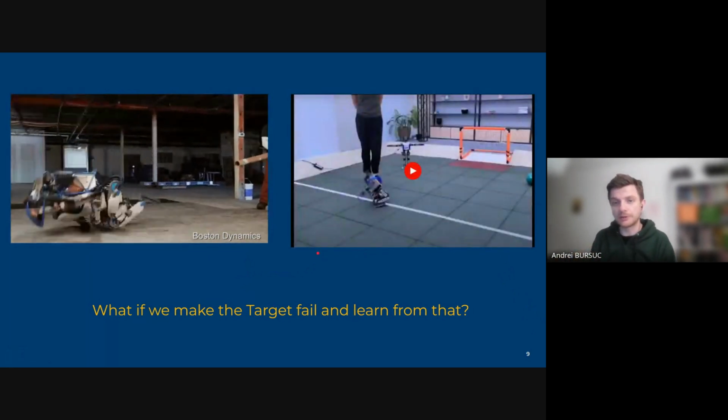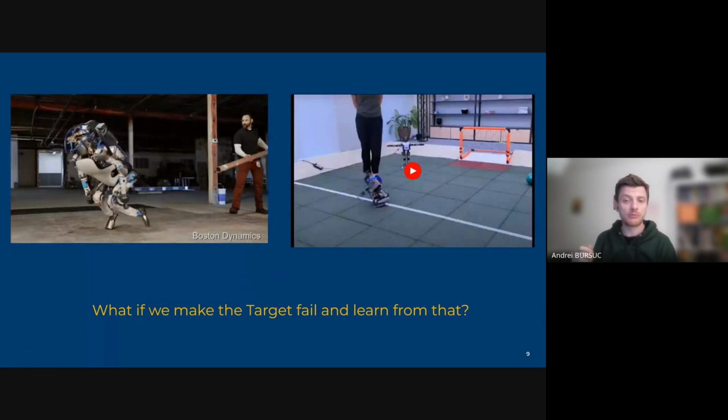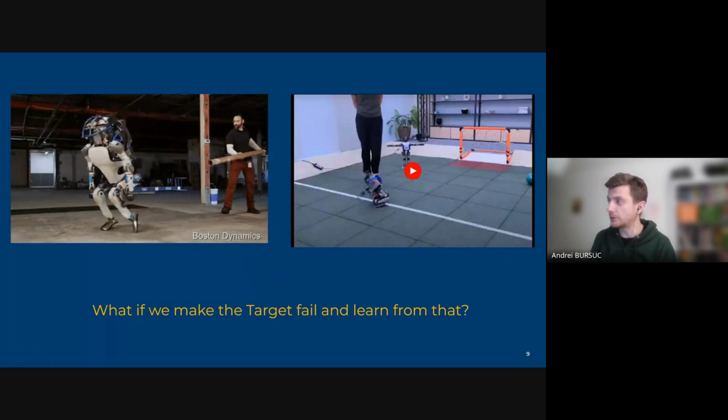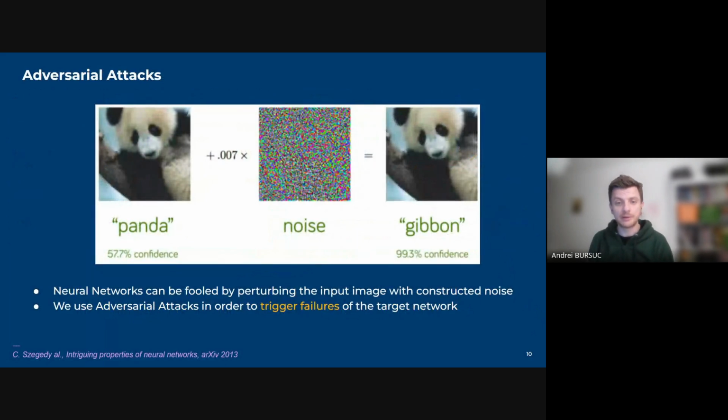So we built an idea based on that, asking: what if we find a way to make this target model fail, and can we learn from that? Here the authors take inspiration from the adversarial attacks by Szegedy et al., who showed that neural networks can be fooled by perturbing the input image with some constructed noise, such that when you apply it to the image, it will completely flip the class, in this example from panda to gibbon.